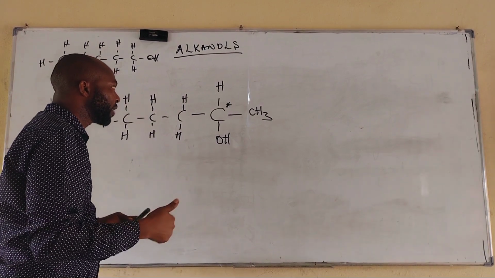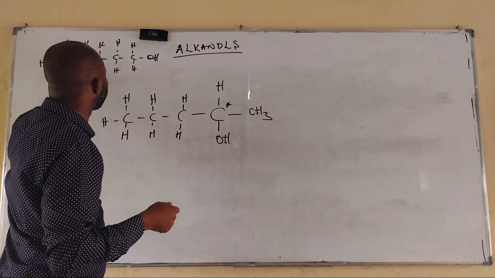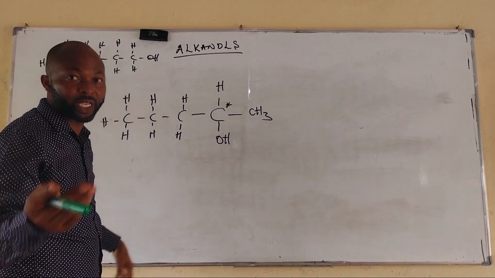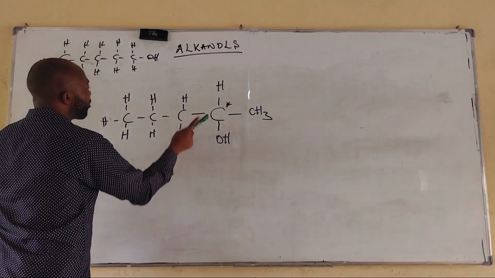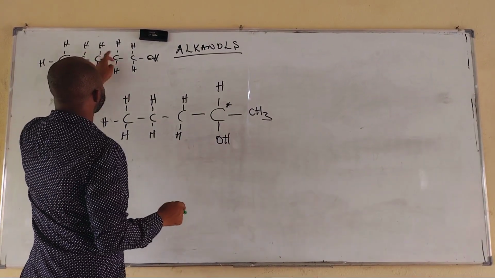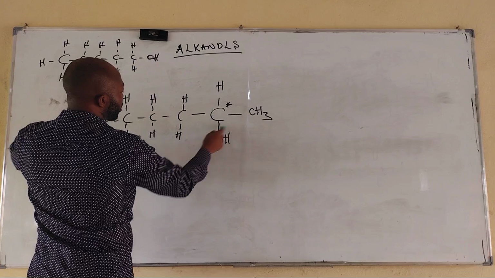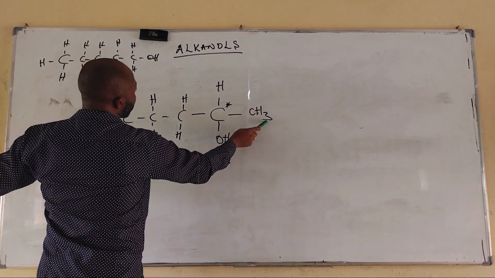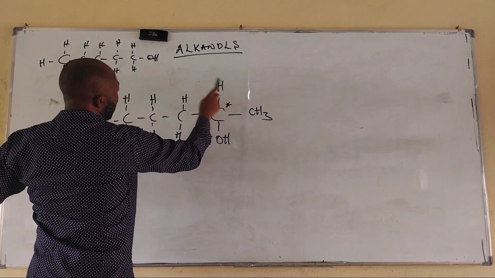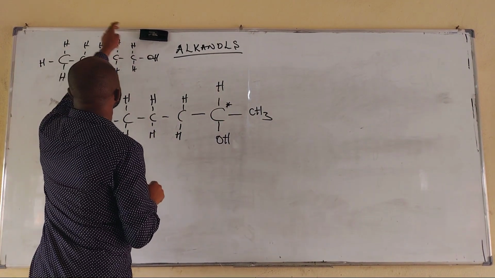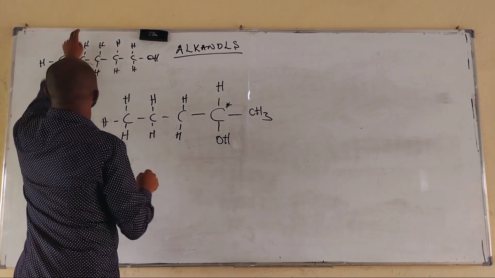Now, what do we want to find out? Is it isomeric with this pentanol? If it is isomeric, then we name it and move on. So now we have 1, 2, 3, 4, 5 carbon. We have one OH group. We have hydrogens, 1, 2, 3, 4, 5, 6, 7, 8, 9, 10, 11.